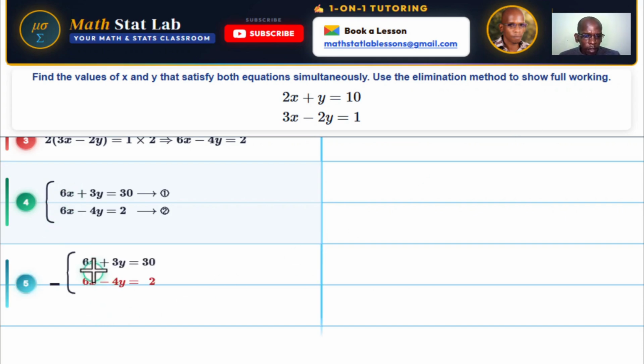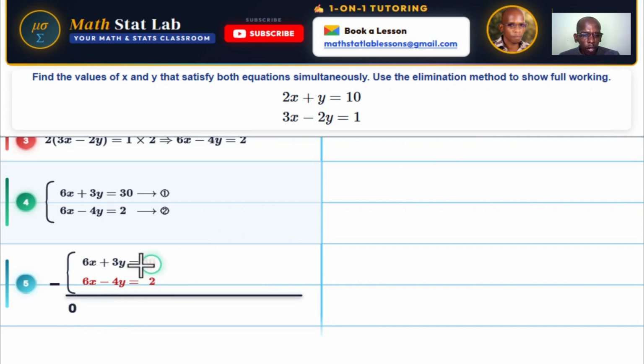So now it becomes 6x minus 6x. But now that I've subtracted the x's, I also need to do that to all other values in the equations. So I will also subtract 3y minus negative 4y, and I will also subtract 30 minus 2. So the first one is 6x minus 6x, which is 0.